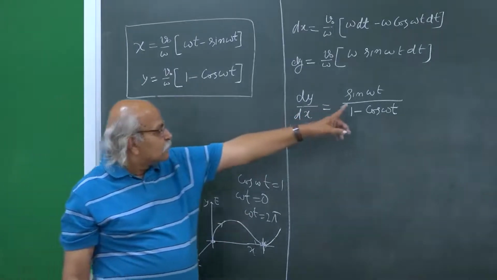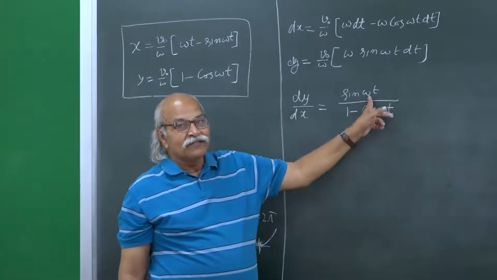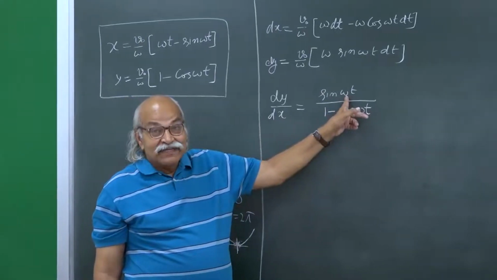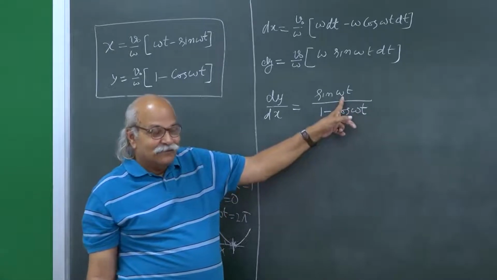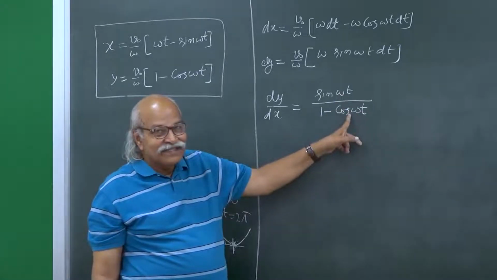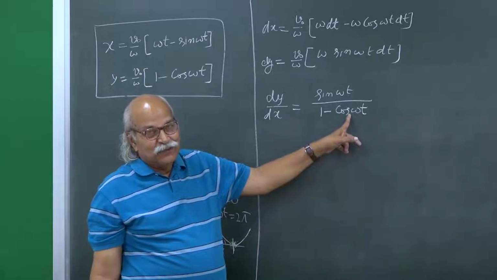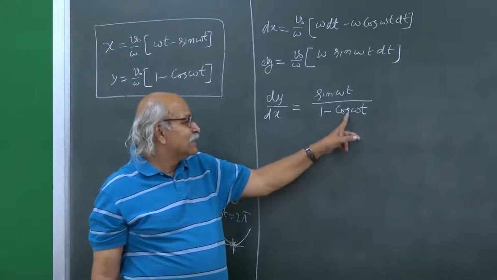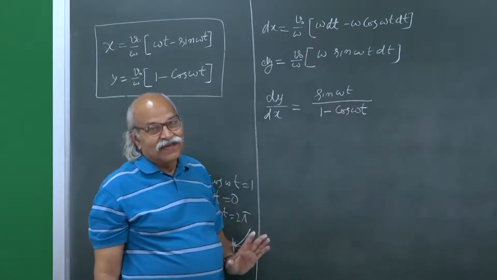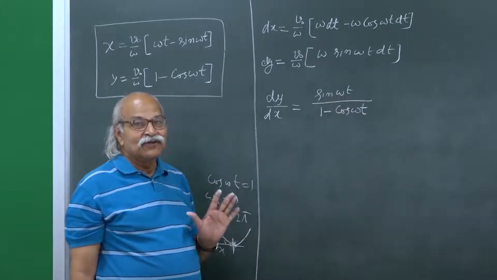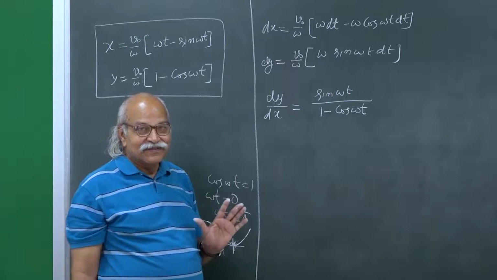Let us put omega t equal to 2 pi: sine of 2 pi is 0, cos of 2 pi is 1, 1 minus 1 again 0. So, it is 0 by 0, and hence we should go for the limit. Okay.